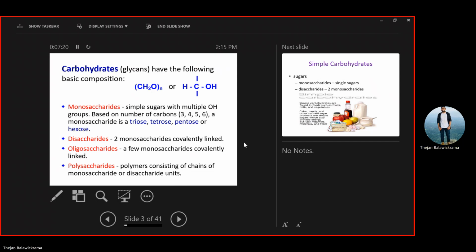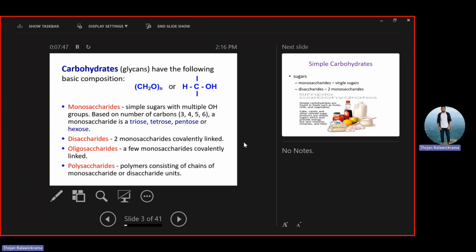A disaccharide is when 2 monosaccharide molecules join together. They are chemically bonded; 2 monosaccharide molecules react together and form a disaccharide. Oligosaccharides are more than 2, but not very many, from 2 to 9.